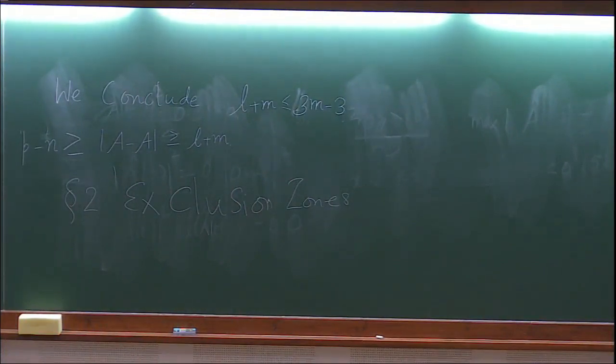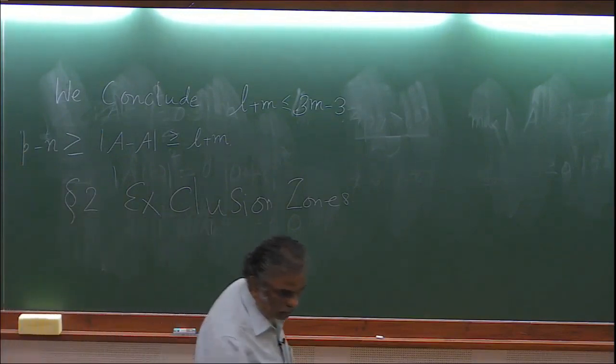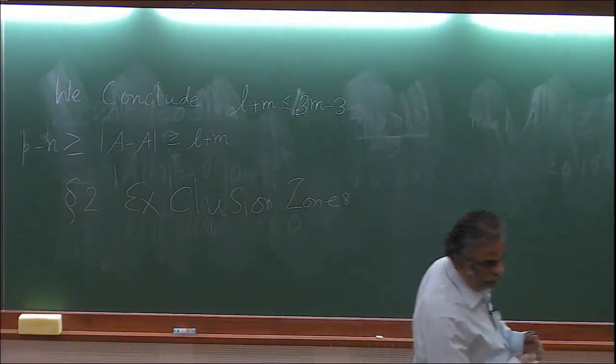It says that if A1 lies in A and A2 lies in A, then A1 plus A2 cannot lie, A1 minus A2 cannot lie. Therefore, the existence of every element excludes the existence of a few other elements. This combinatorics we want to put more carefully, and that's the combinatorics which we want to do.